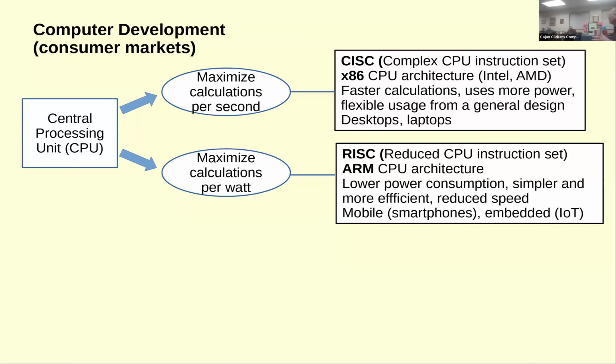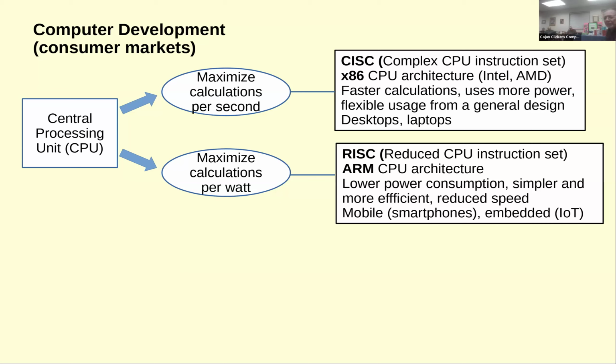Now, it was all designed to use as little power as possible. And since it was designed a little later and people knew a little bit more, it was simpler and more efficient. However, they didn't care about speed because what they used it for was little bitty things. If you had a little bitty thing, you didn't need as much stuff, so you got reduced.